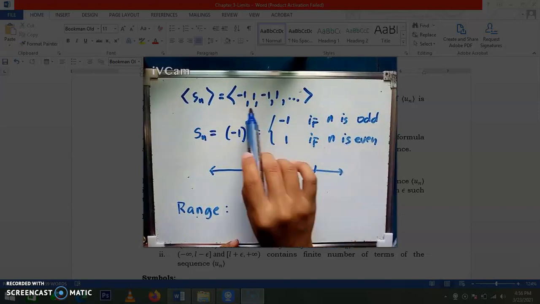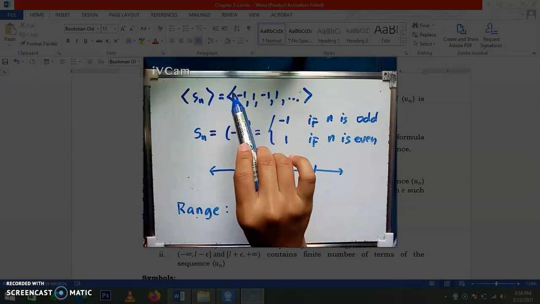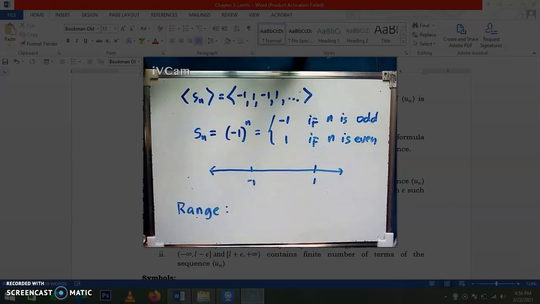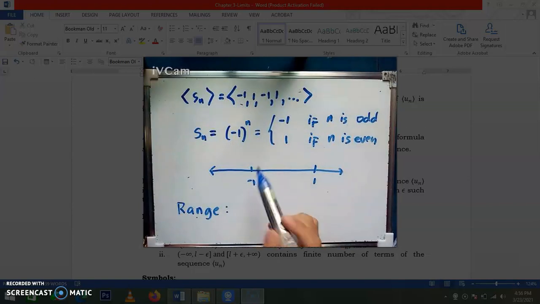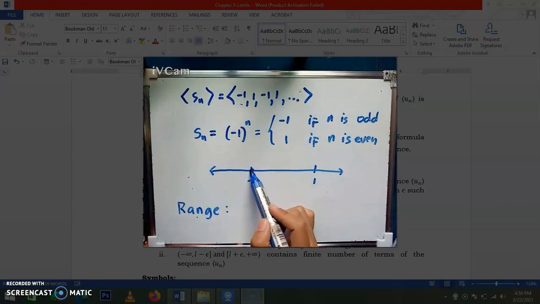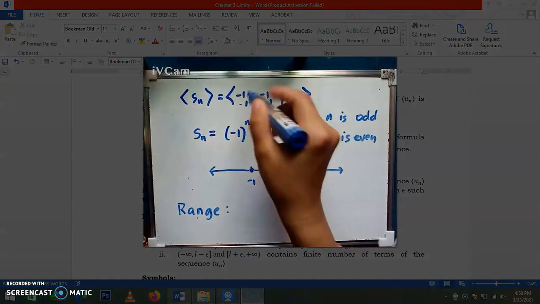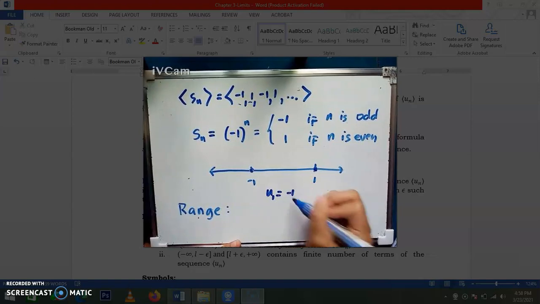As you can see, the terms in the sequence are only negative 1 and 1, but there are infinitely many of them. For example, the first term is negative 1, so here is the term of the sequence. First term, we have u sub 1, that is negative 1.